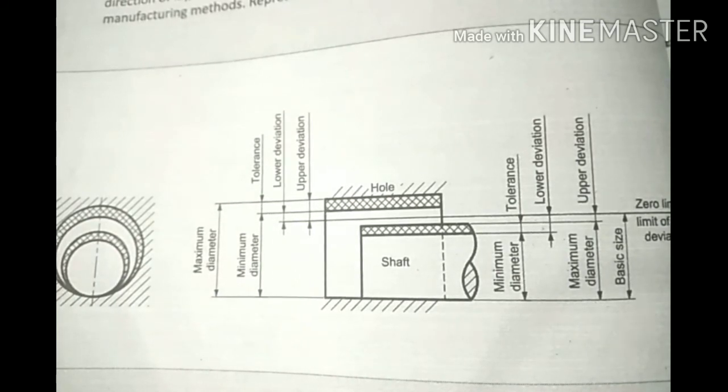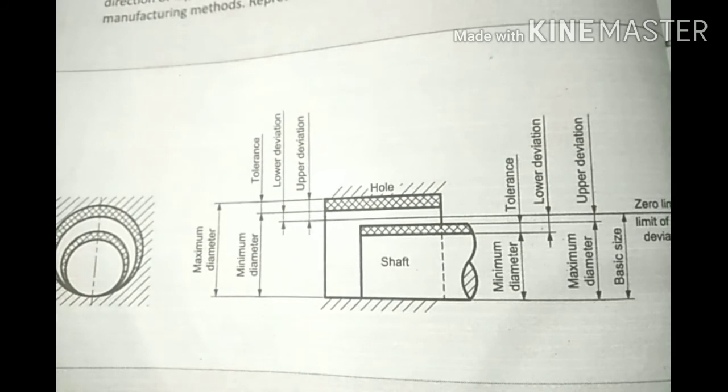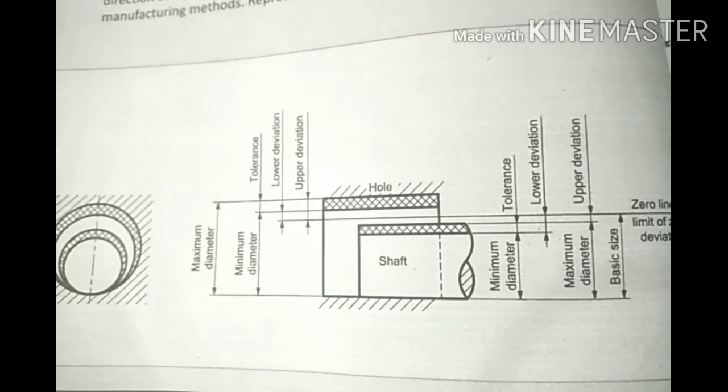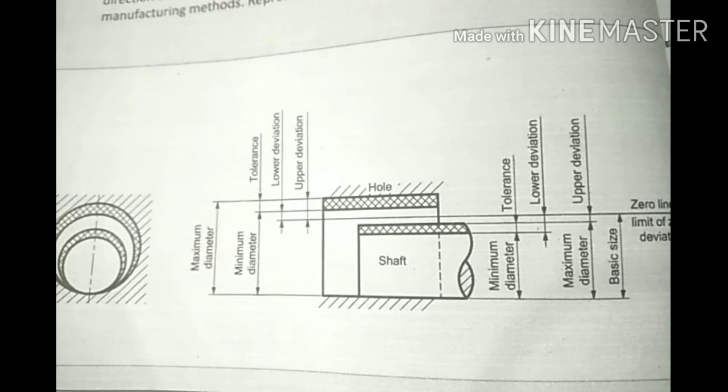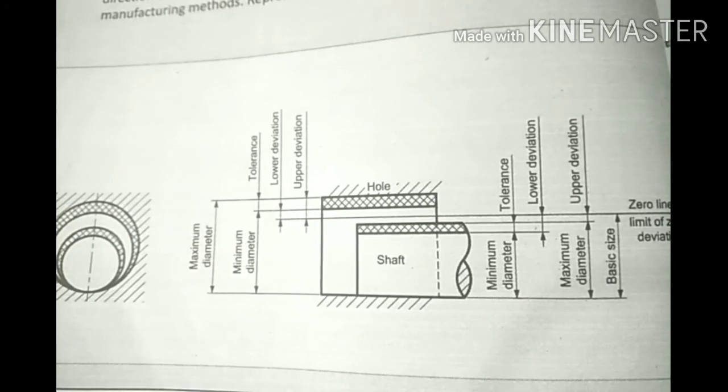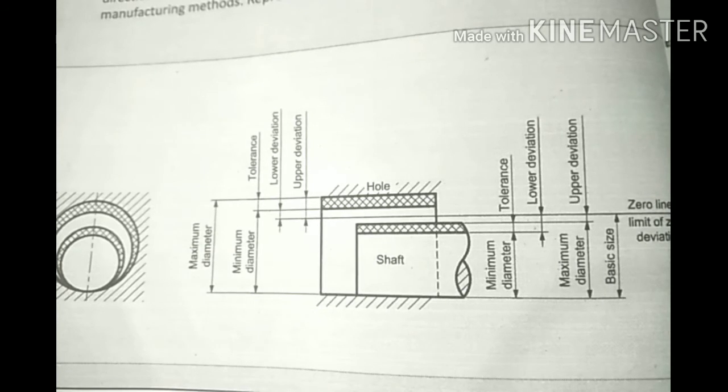For example, suppose a carburetor in a two-wheeler. This carburetor, before manufacturing, should be designed first. Any part, suppose wheel ring, axle, nut, bolt in a two-wheeler, before manufacturing the part, it should be designed first.